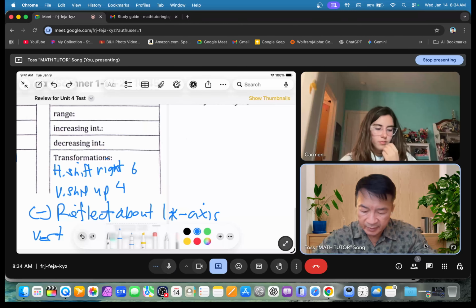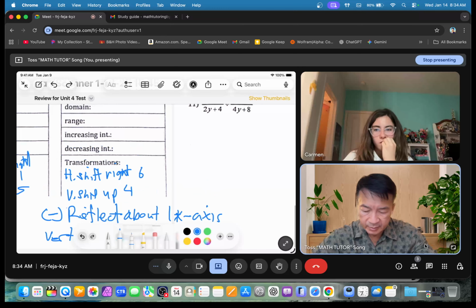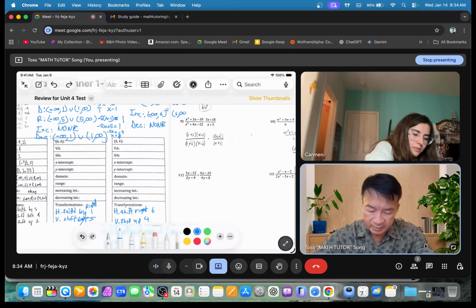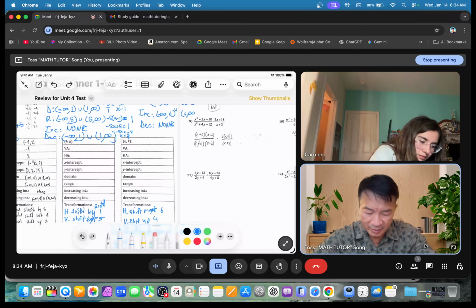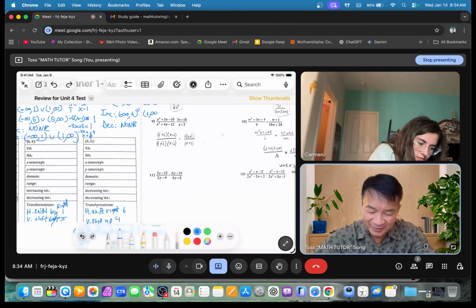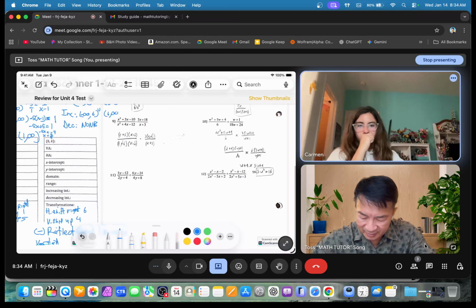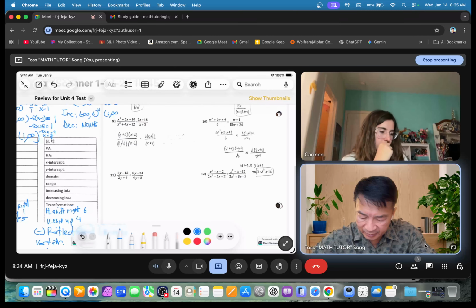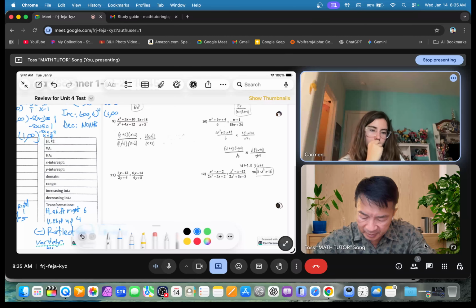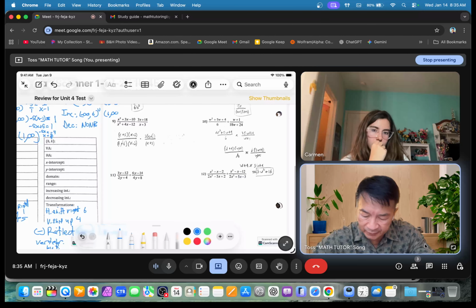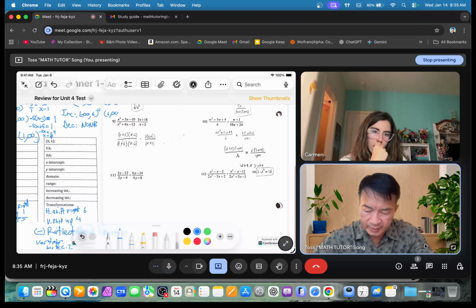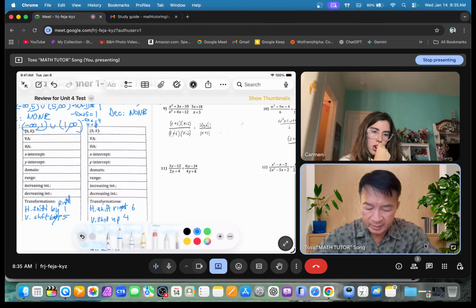So it's vertical stretch by 2. Vertical stretch by a factor of 2. Okay, there you go. All right.